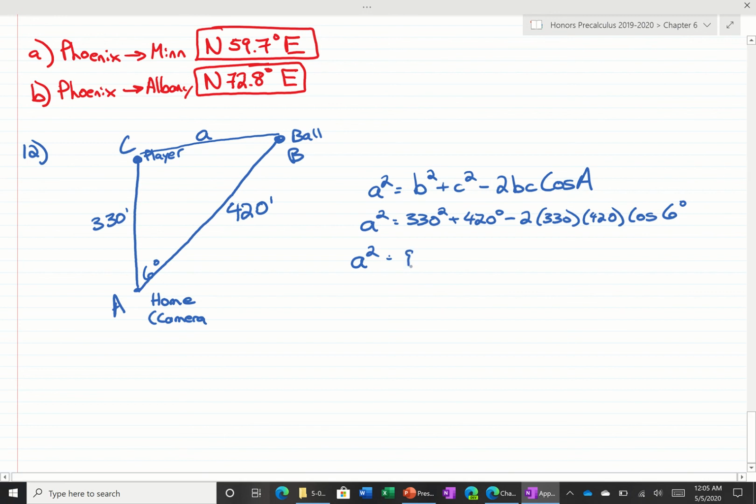That comes out to 9618.5, and if we take the square root of both sides, we get 98.1 feet. That's how far the player has to run to get to the ball.